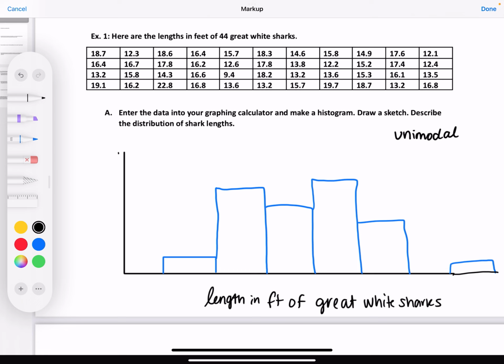And skew right. And left. I said, I thought it was, or at least, mostly.